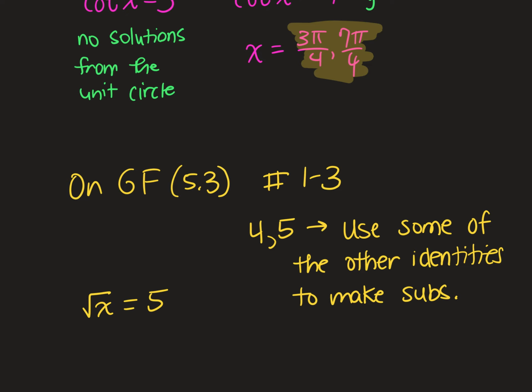Square it, yeah. I figured that's what you meant. Okay, that's just another hint. I'm not going to give you any more than that. Okay, so you should be able to work through 1 through 3 right now. Go back and finish.